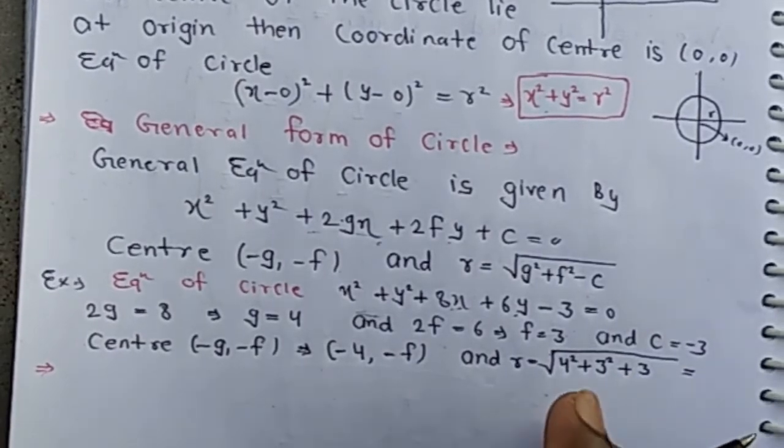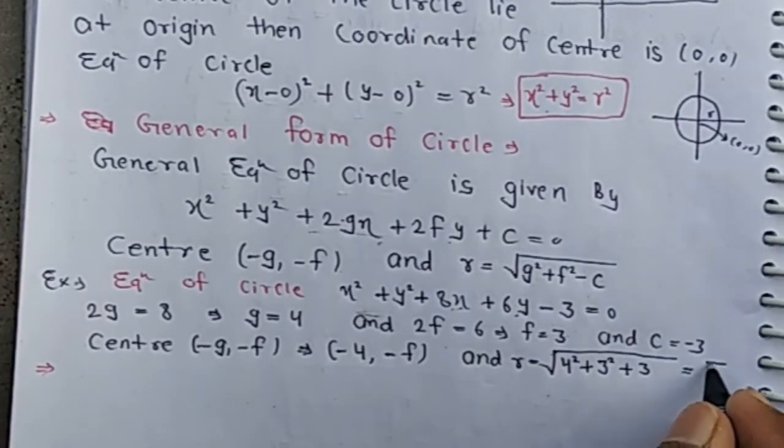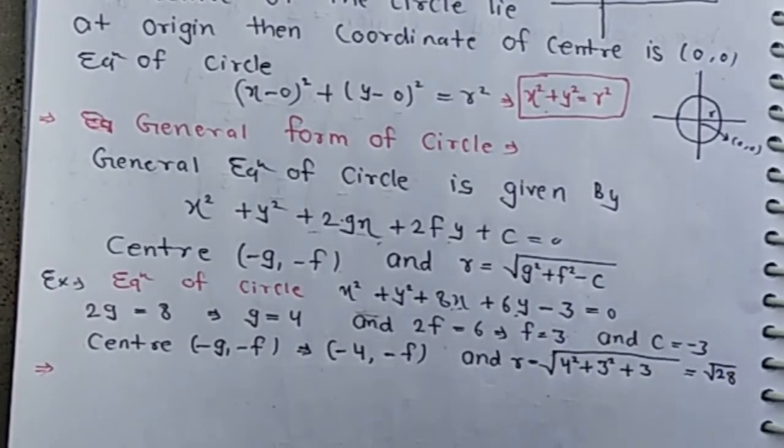Then 16, 9, 25, 28. It is the radius of circle.